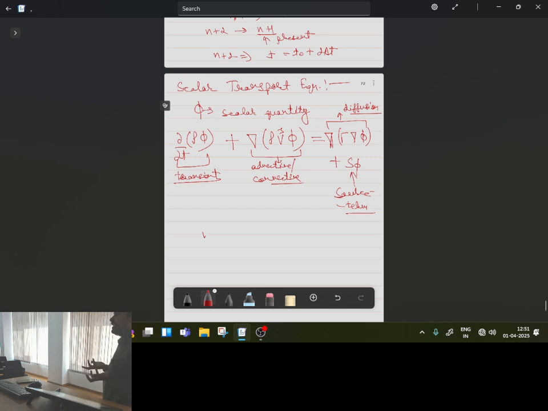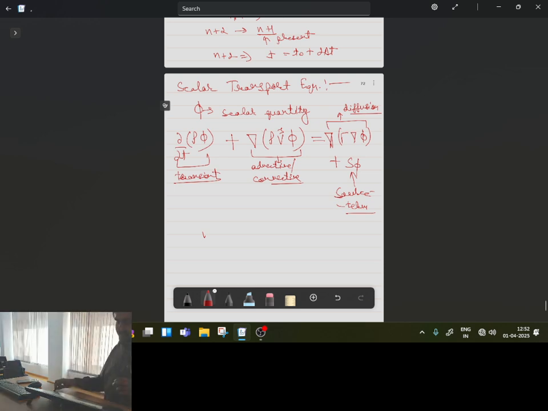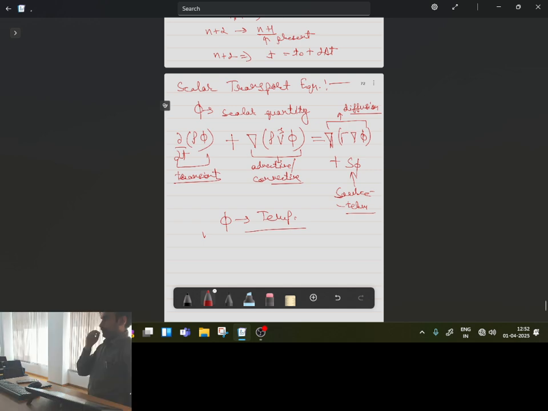So what happens when heat is released? The temperature of the media increases. So if phi is my temperature, then once we are burning the wood, whatever the fluid temperature rise is because of that burning, that is actually my source term for the temperature.